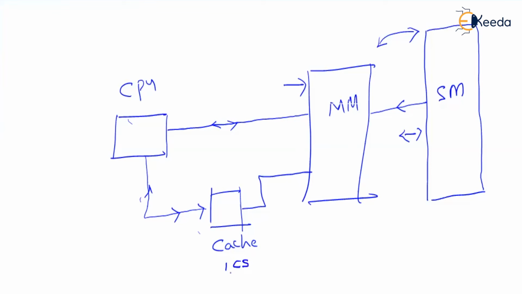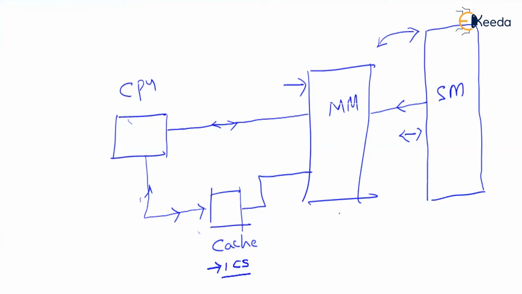In order to search for a data element, if the data element is present in the cache, then it will take 1 clock cycle to locate that data element in the cache memory. To access any element out of the cache memory, CPU just requires 1 clock cycle. If the same data element is not present in the cache, CPU will have to go to the main memory and access it.